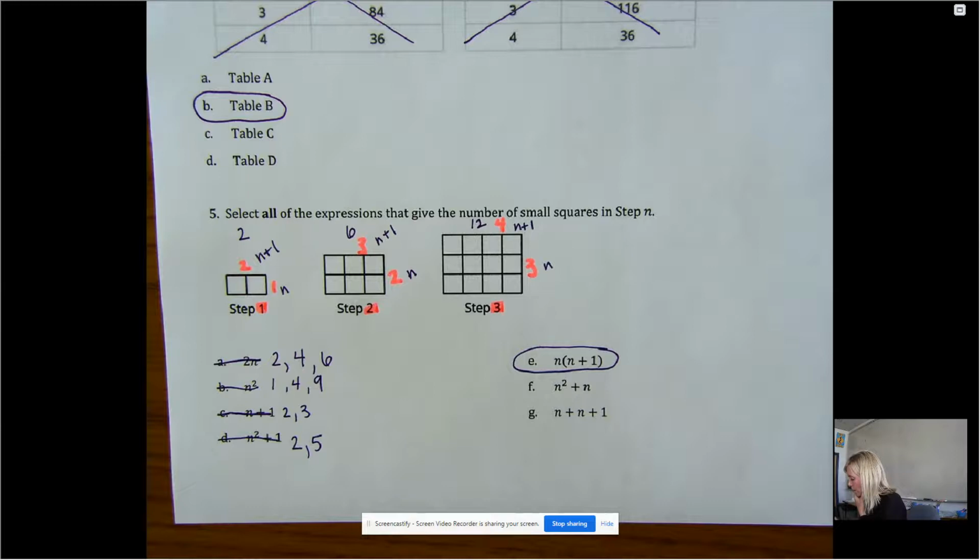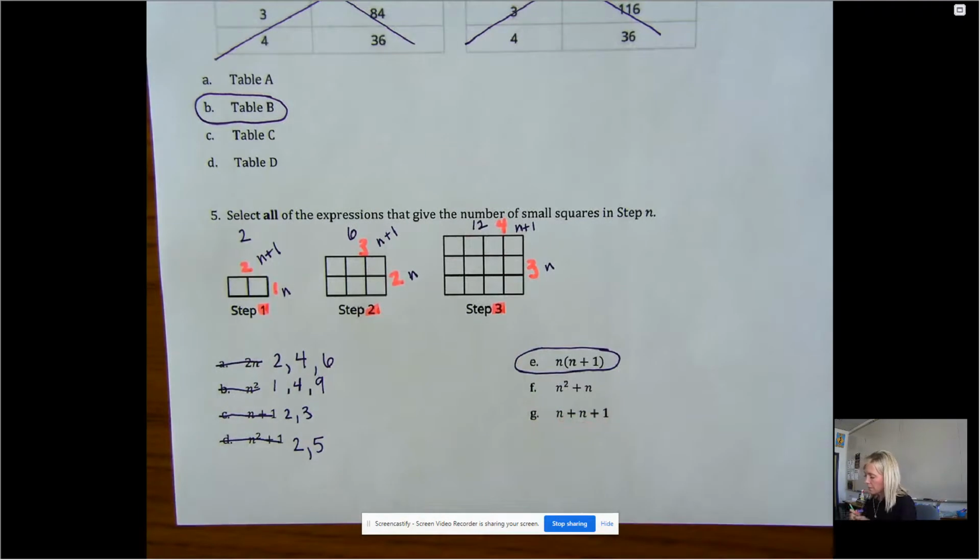And then when I look at F, I am thinking to myself, could it be that? Well, let's use a different color highlighter and see if I can make n squared plus n make sense. So I'm first going to color in n squared.